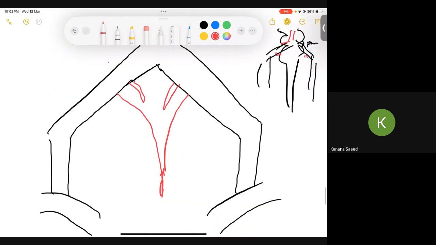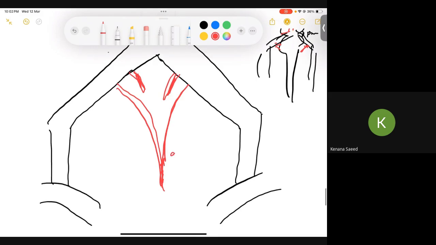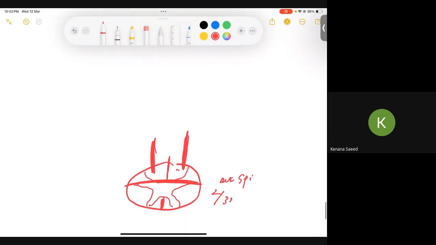They are branches of your vertebral arteries. Is that clear? So you have one anterior spinal artery and two posterior spinal arteries. They supply the spinal cord. The anterior spinal artery supplies 2/3 of your spinal cord, and the posterior spinal arteries, you have two, supply these two portions of the posterior spinal cord, this half and this half. Is that clear?